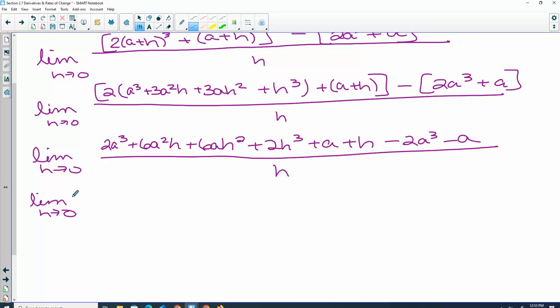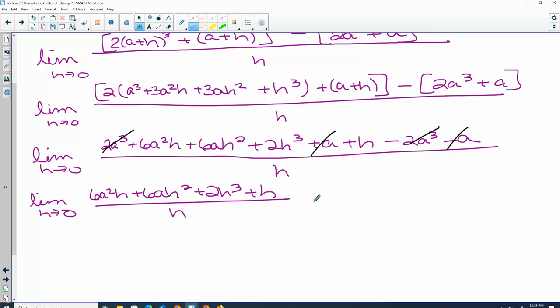Is everyone with me so far? Okay. Then if we combine my terms, 2a cubed and negative 2a cubed cancel. Positive a and negative a cancel. So I have 6a squared h plus 6ah squared plus 2h cubed plus h, over h. Now we can finally take an h out of everything.